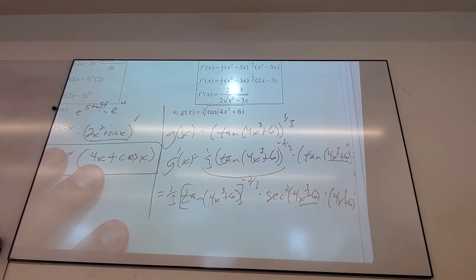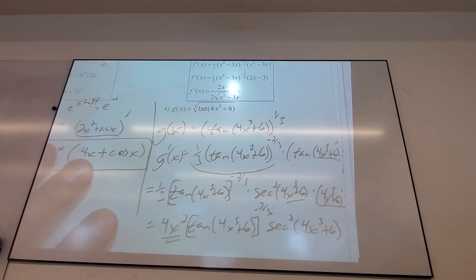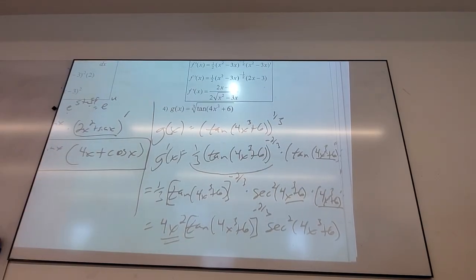What's the derivative of 4x cubed plus 6? 12x squared. Times 1/3 is 4x squared, so just pull out little dudes like this all the way to the front so they don't get lost at the end. Now that is an ungodly mess of an answer.